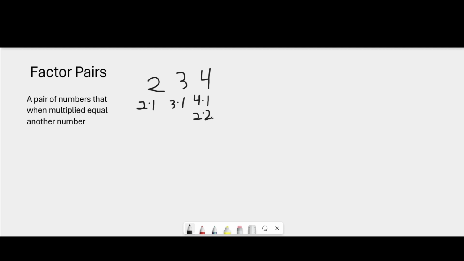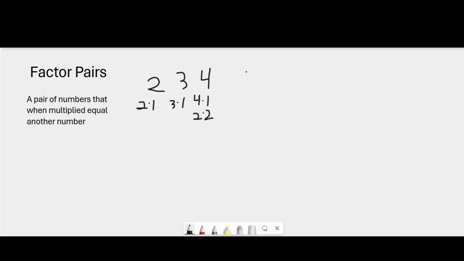So a factor pair is just any two numbers that can equal a number, and you will have multiple for some. If you look at 12, 12 is going to have 3 and 4, 2 and 6, 1 and 12. And you're going to use that later for factoring, which is a separate thing, but it uses this as the base.